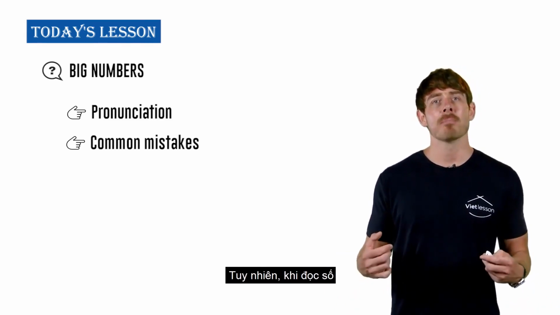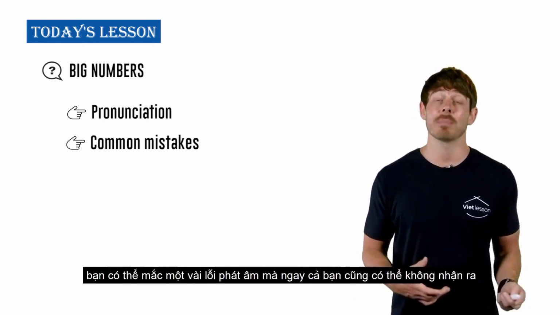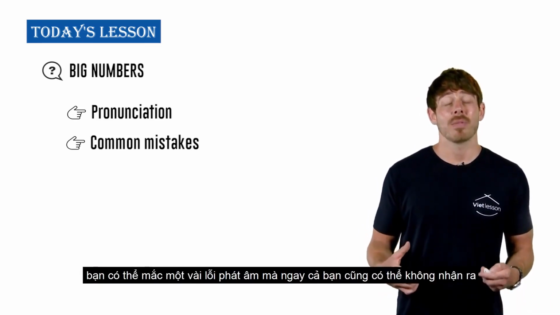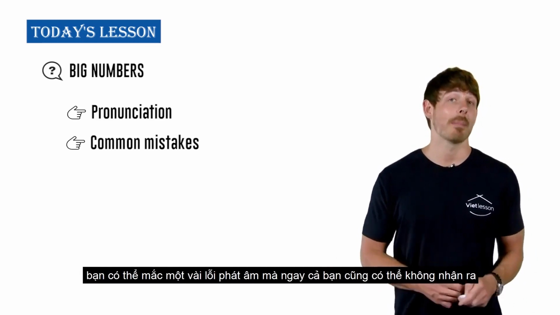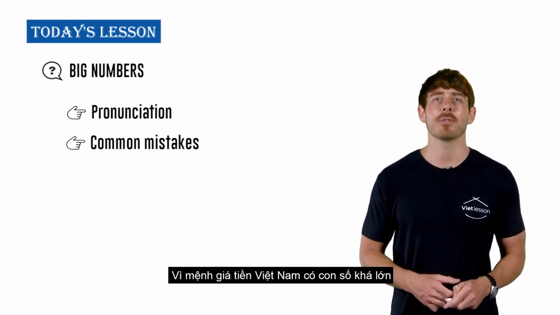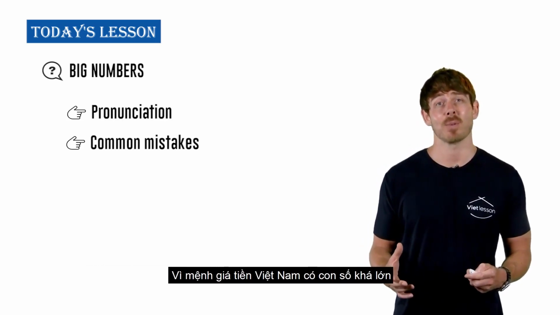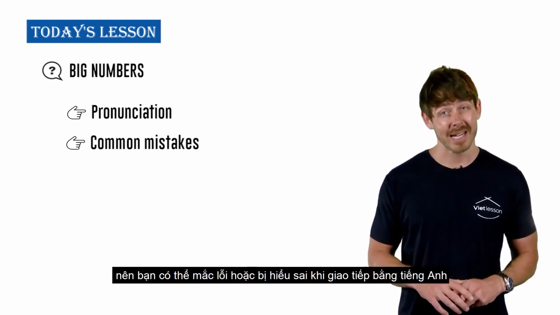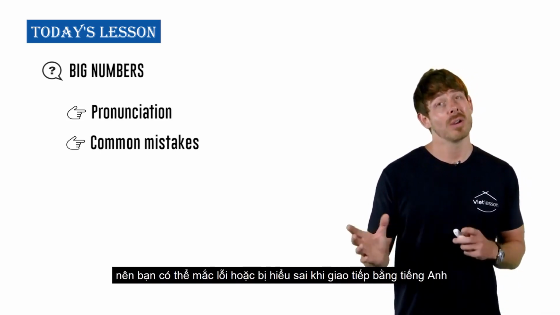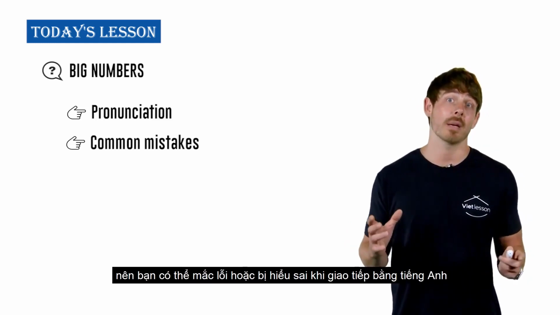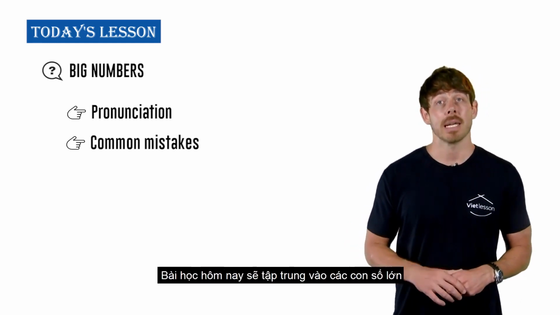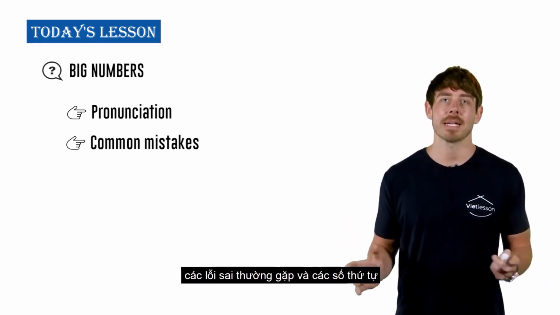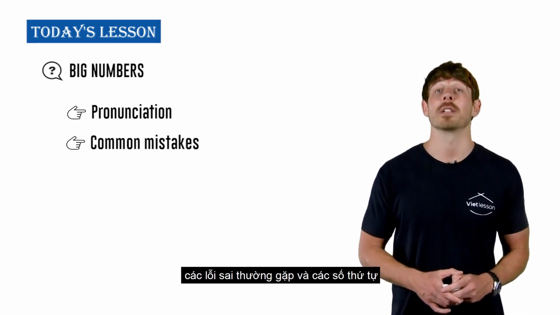However, there are a number of pronunciation mistakes which occur that you don't realize that you are making. As the Vietnamese currency deals with very large numbers, this can often cause mistakes and misunderstanding when communicating in English. In today's lesson, we will focus on large numbers, common mistakes, and also ordinal numbers.